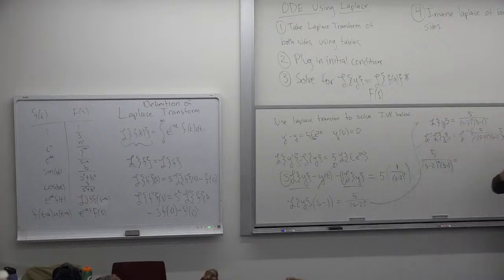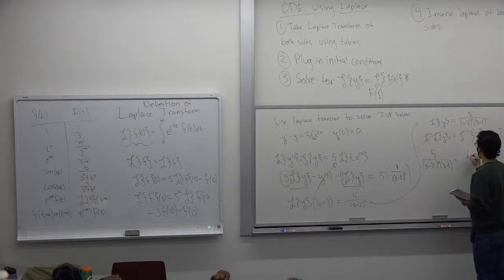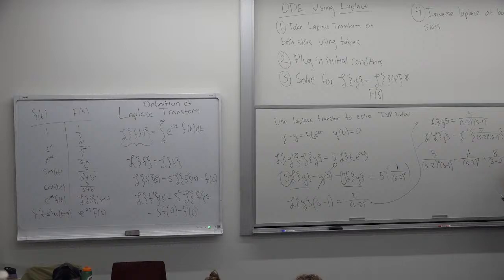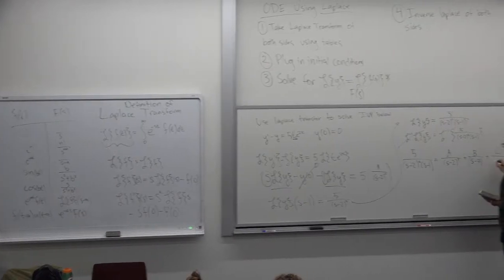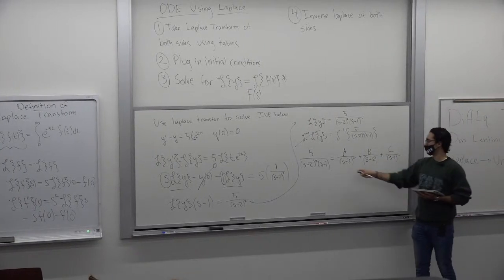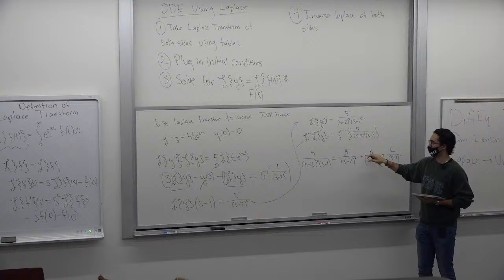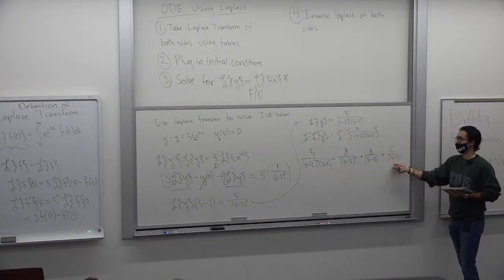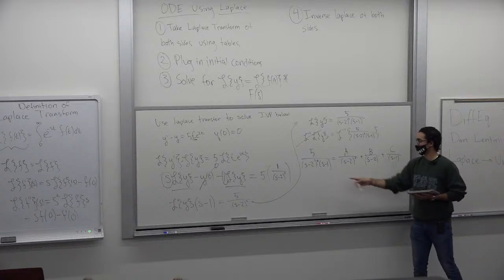When we have an s minus a to a power, we're going to have A over s minus a squared plus B over s minus a, and then plus C over s minus 1. So the A and B terms come from this s minus 2 squared, and the C term from this s minus 1. Super simple.